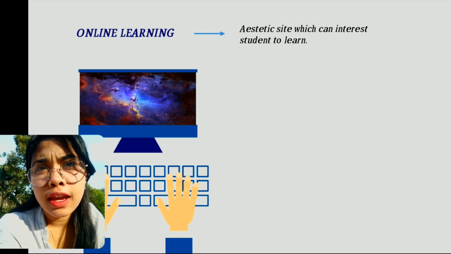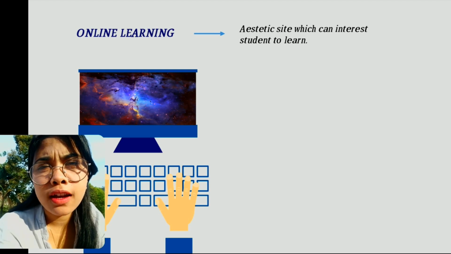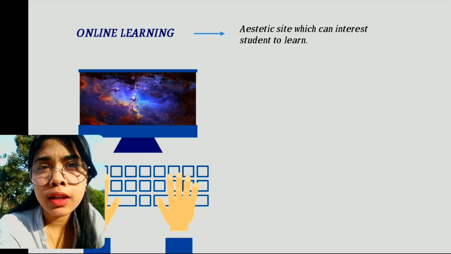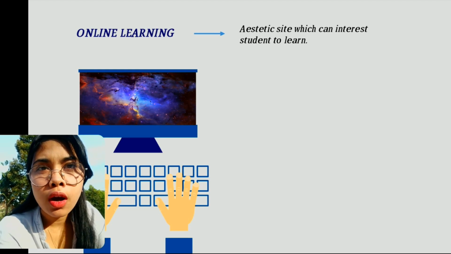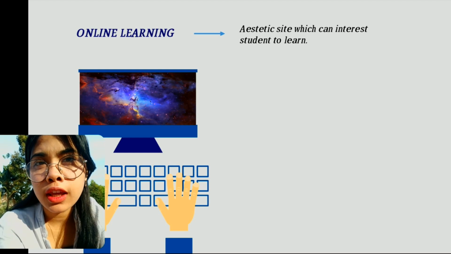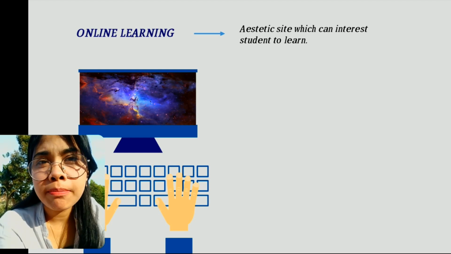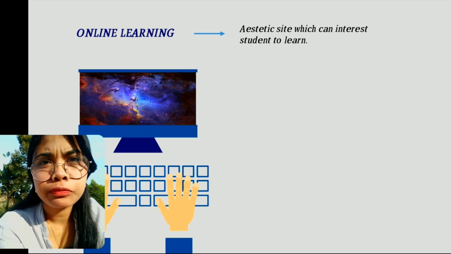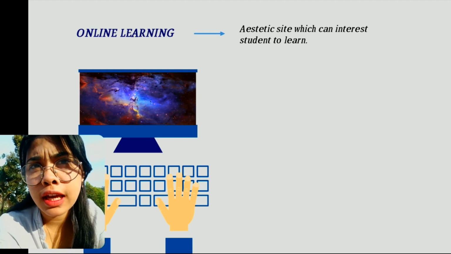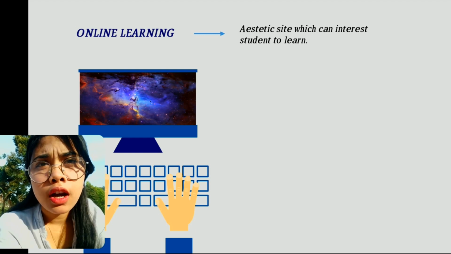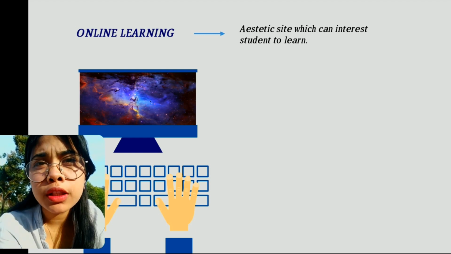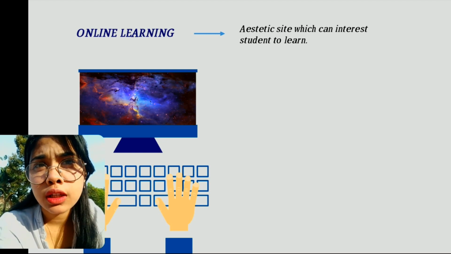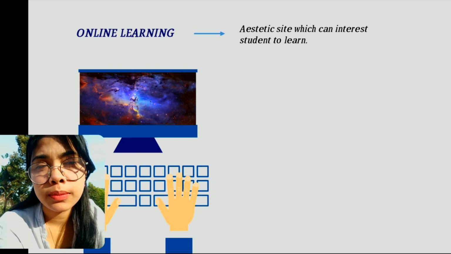The appearance or look of online learning is just as important as the content in it. And online learning is different from printed learning because online learning must be able to persuade the student to be interested in learning.